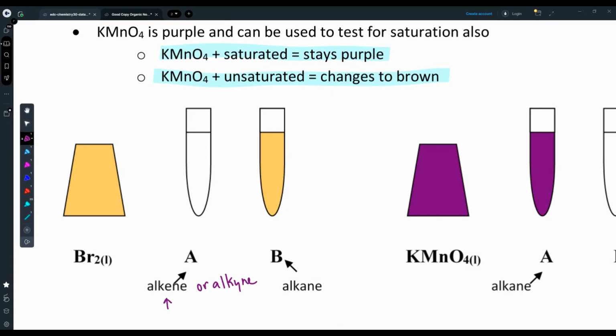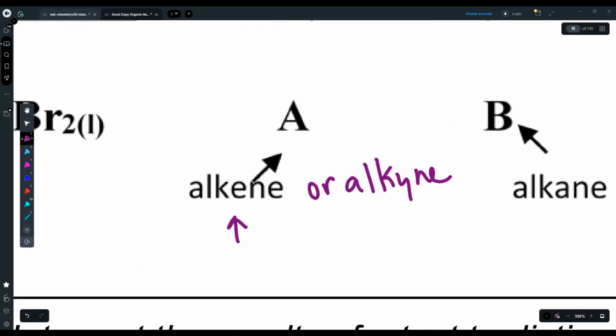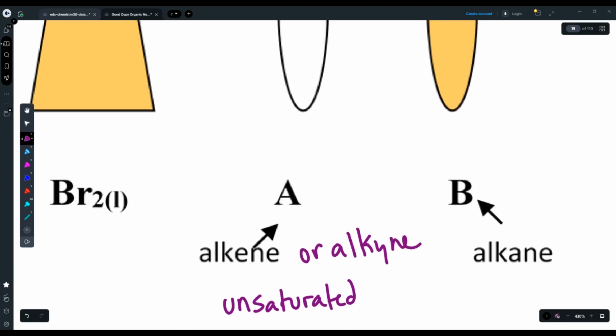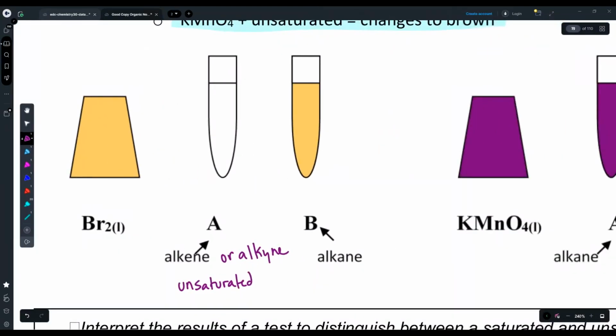An alkene is an organic compound that has a double bond. Alkynes are organic compounds that have a triple bond. And so these are going to be unsaturated compounds, which gives you the result of a colorless solution when mixed with bromine.